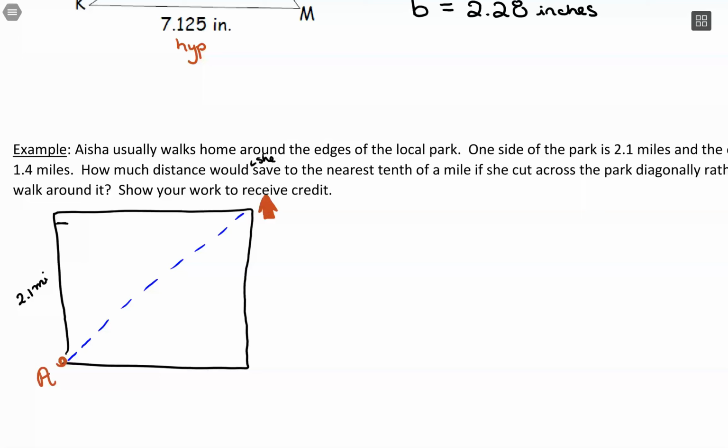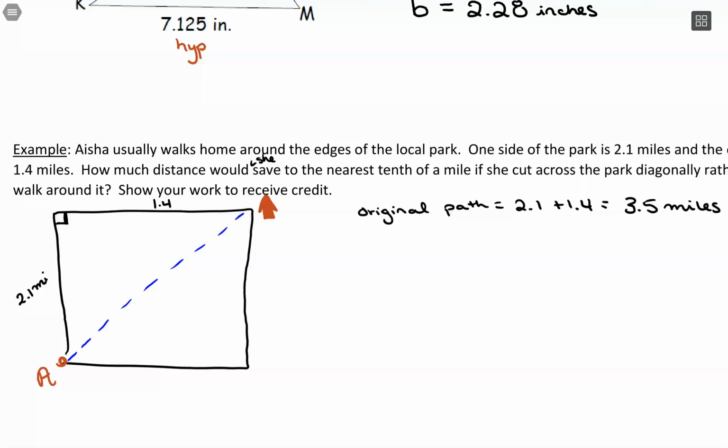And then we'll assume this is rectangular, so we're going to have a right angle there, and then 1.4 miles. So her original path of how far she has to walk would just be that 2.1 plus the 1.4. So usually she has to walk 3.5 miles total.